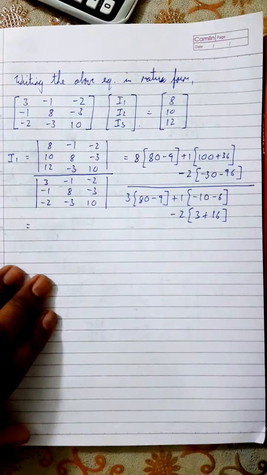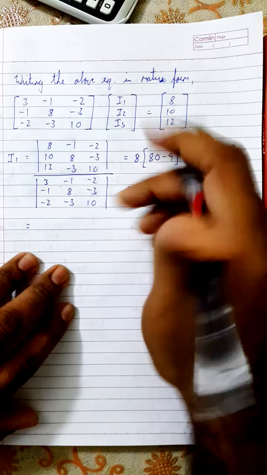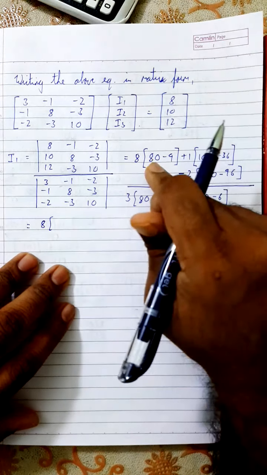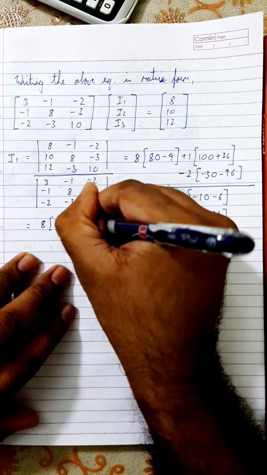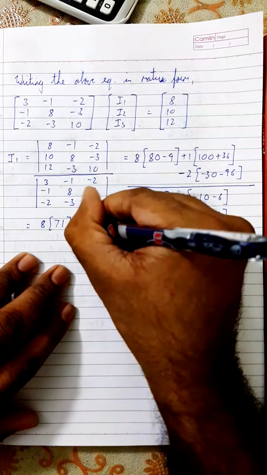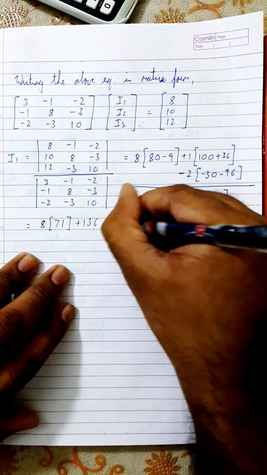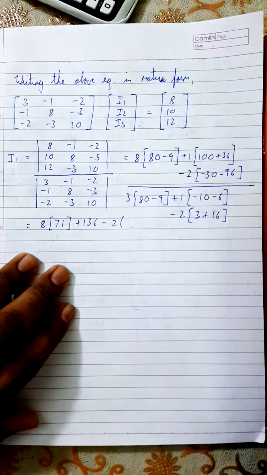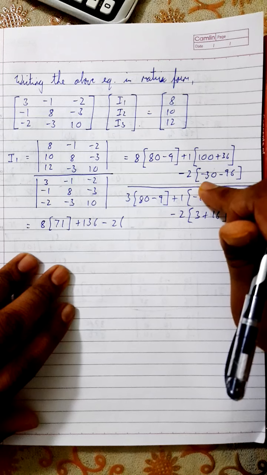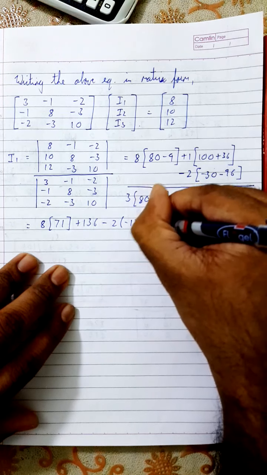Therefore I1 is equal to 8 into 80 minus 9 is 71, plus 136, minus 2 into, and over here we have minus 126. Minus 126.